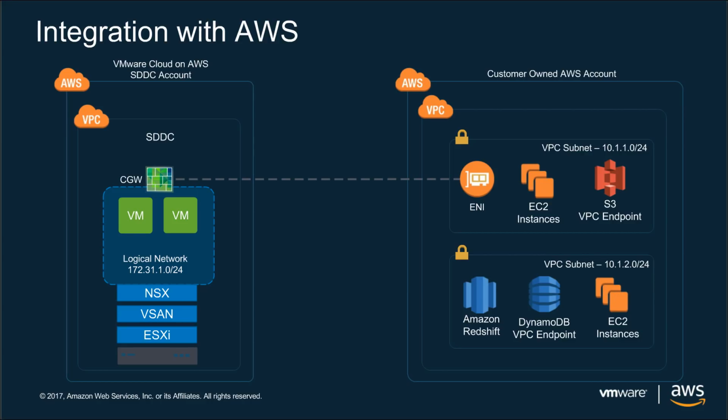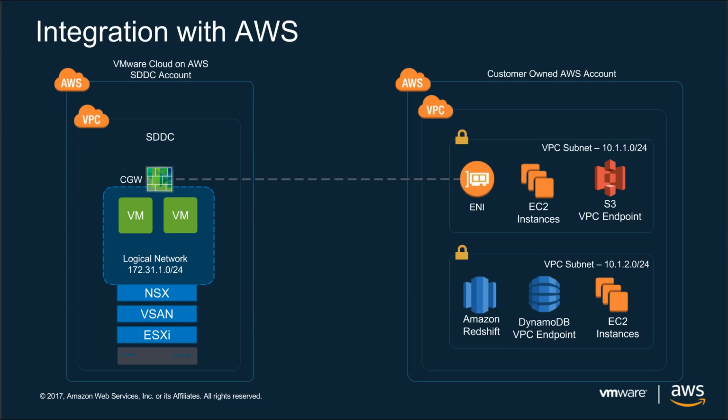These VMs would like to take advantage of things like Amazon's Redshift or connect into other EC2 instances. So in this case, they would have a route to go over to the customer-owned AWS account, which you connected into your SDDC at the beginning. The CGW has a connection through an ENI, or actually through a series of ENIs, that are present in your AWS account. This provides that connectivity between the logical network on the left and those VPC subnets on the right.